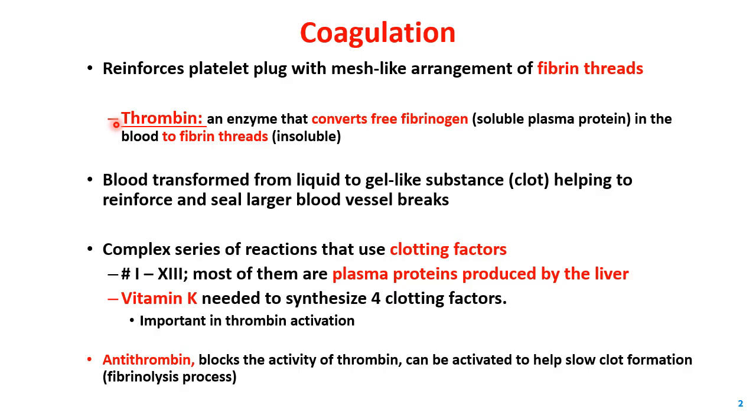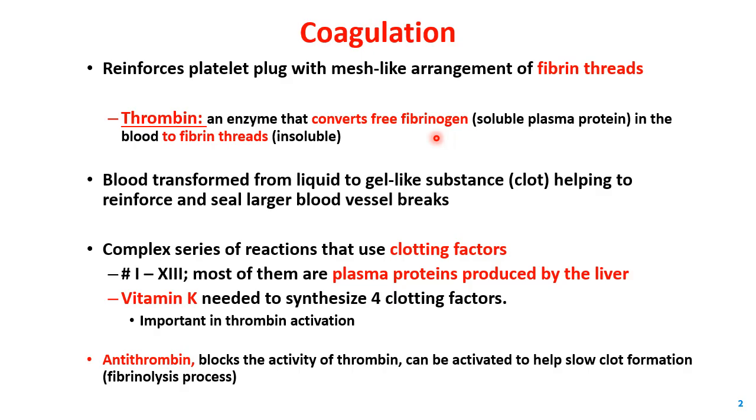Okay, so what is involved here? You have here this enzyme called thrombin. Thrombin is going to convert a precursor of that fiber. Before it gets activated, that fiber precursor is called fibrinogen. So here is fibrinogen.